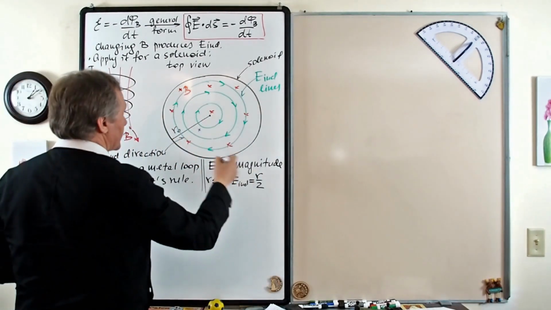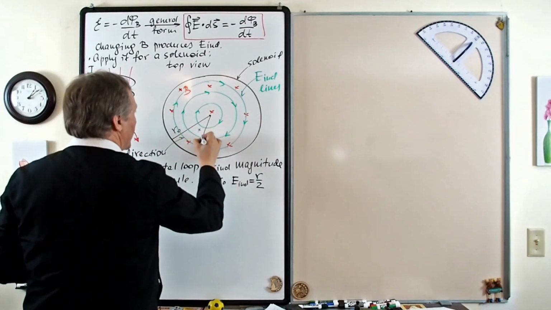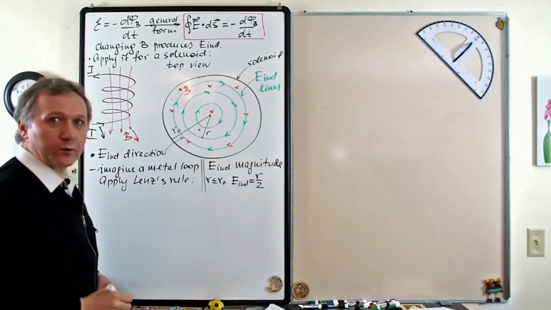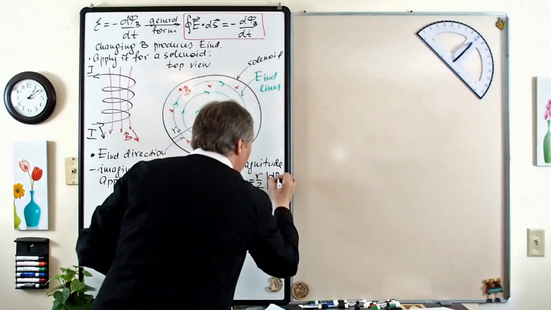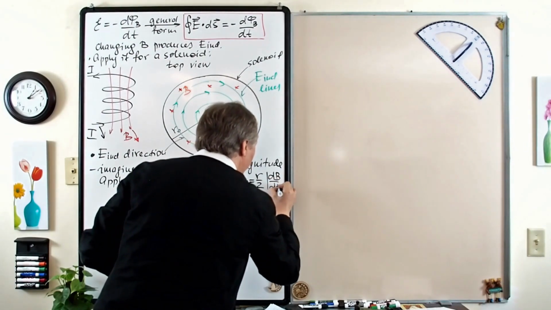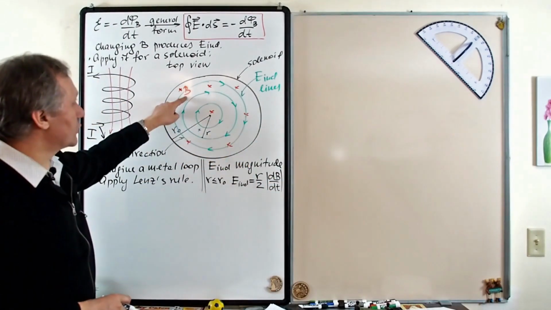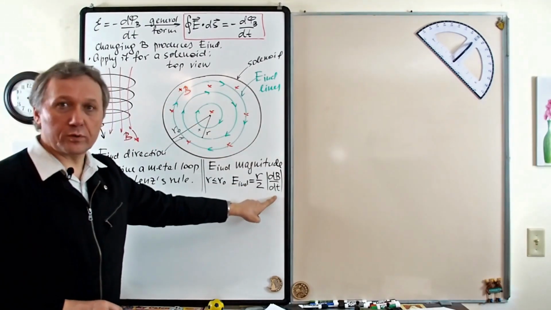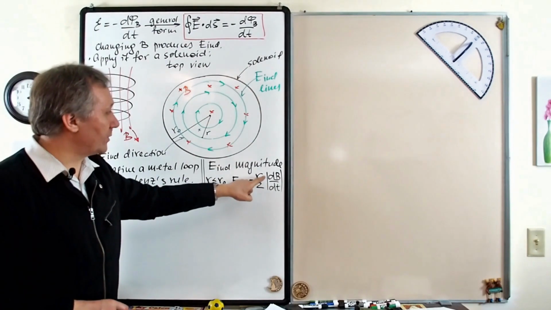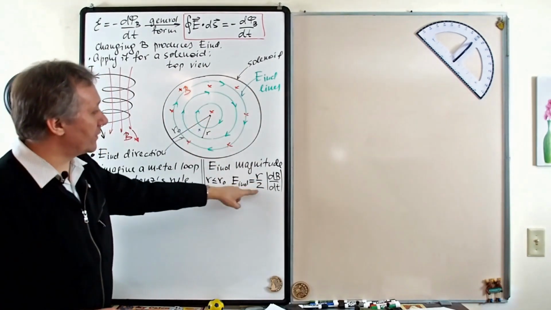R is the distance from the center to the point where you want to find the value of the electric field, and then times the rate of change of the magnetic field, dB over dt. So this external magnetic field changes in time. You just need to know its rate of change multiplied by the radius and divided by 2.